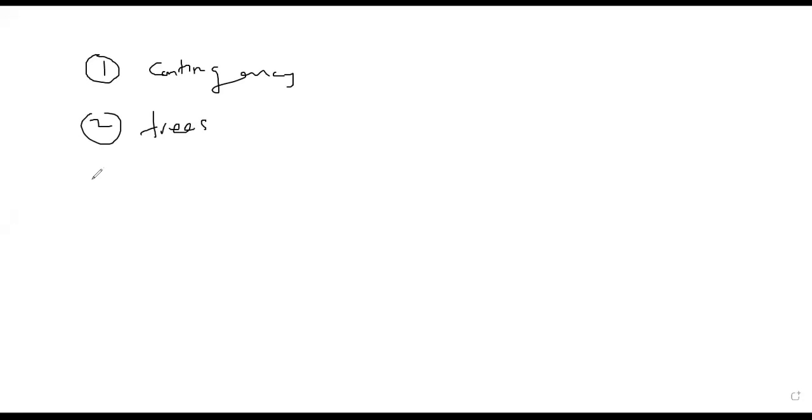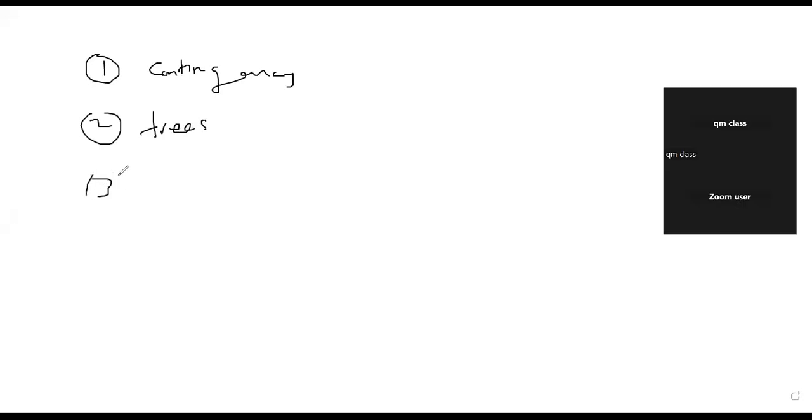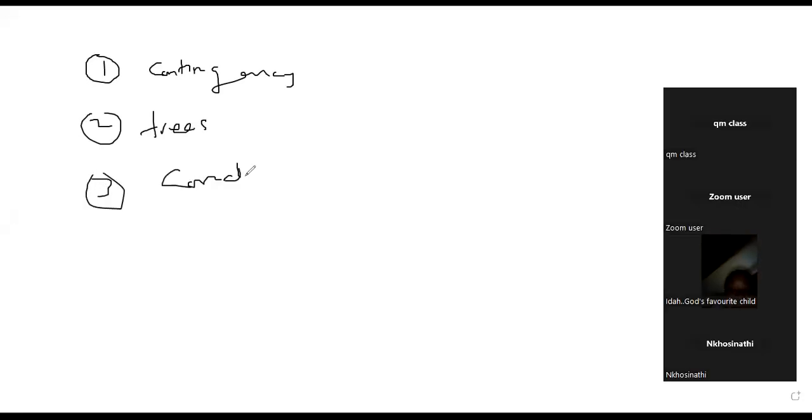We also have conditional probability. We also have binomial distribution.